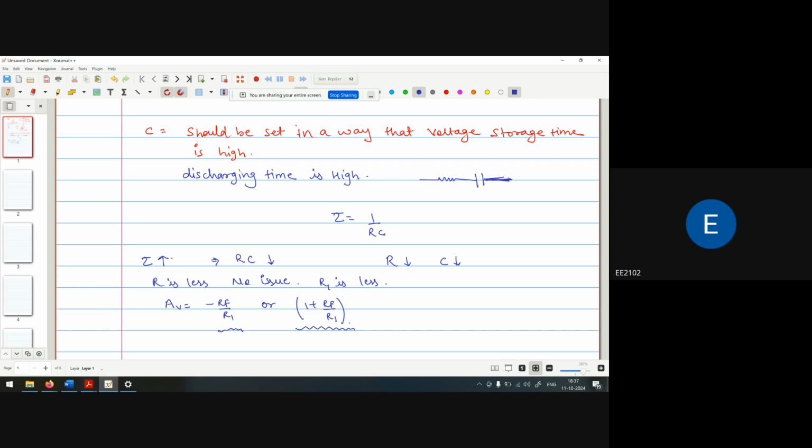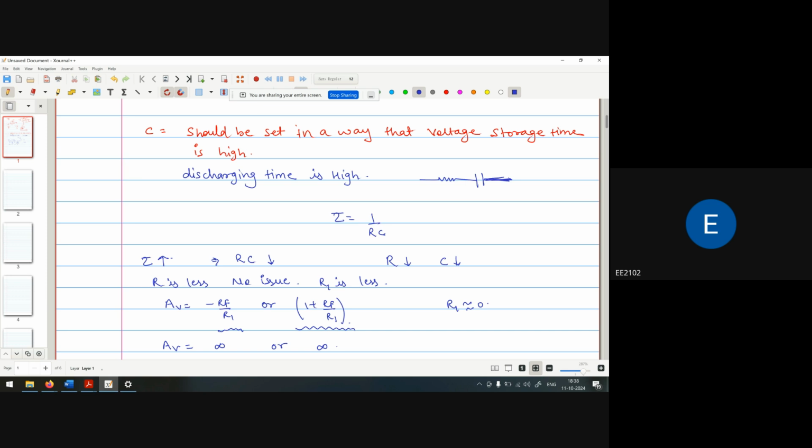Now, if R1 is very less, or we can say the R value is approximately 0, what will happen in this scenario? The voltage gain should be infinite.